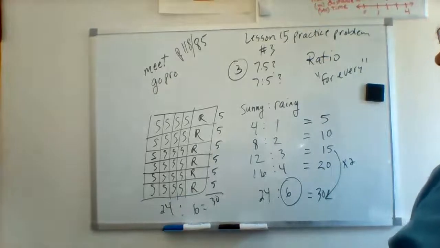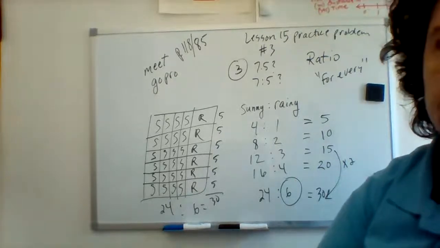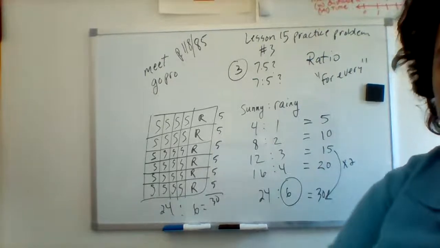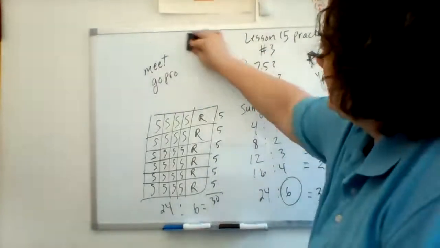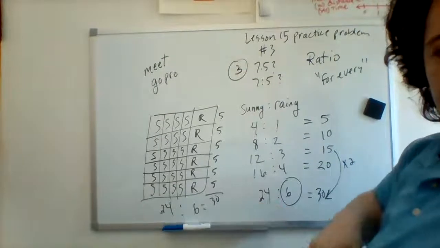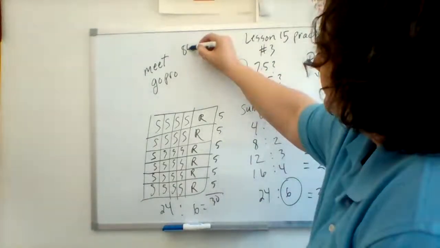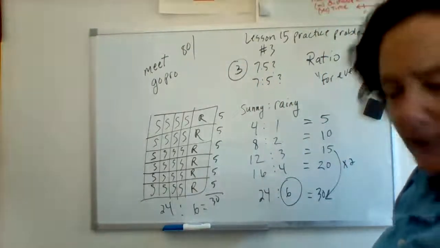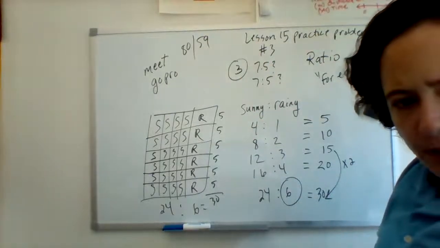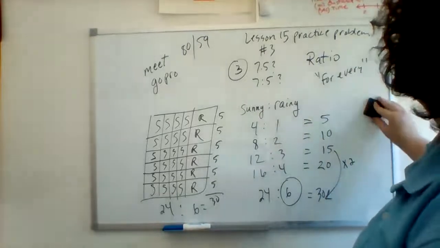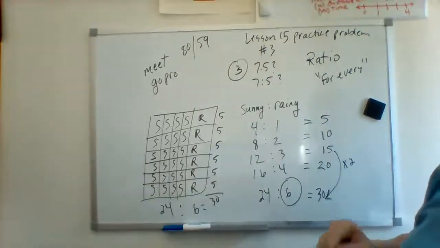Okay, cool. So then let's go to the last one on our test review, which is page 80 if you have the second edition, and page 59 if you have single. We are doing a lesson 10 practice problem.